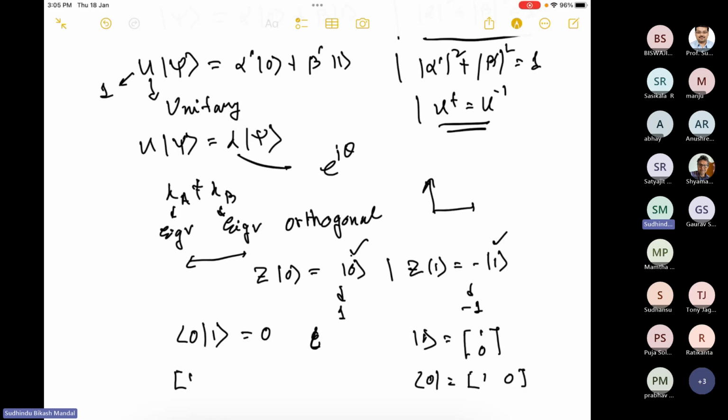So we can take 1, 0 multiplied with 0, 1. So it becomes 0. So it is an orthogonal state. And this orthogonal state can be used as a computational basis.